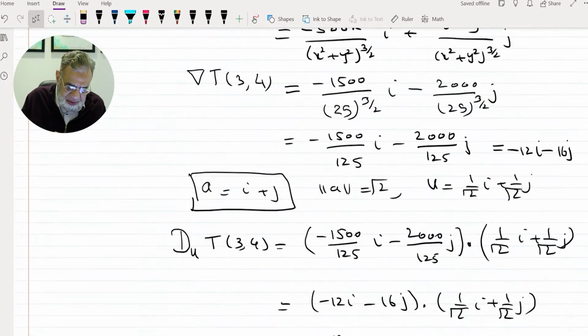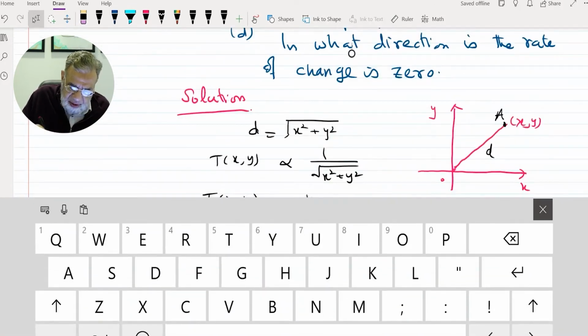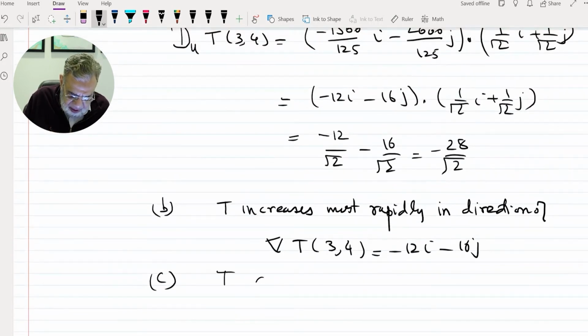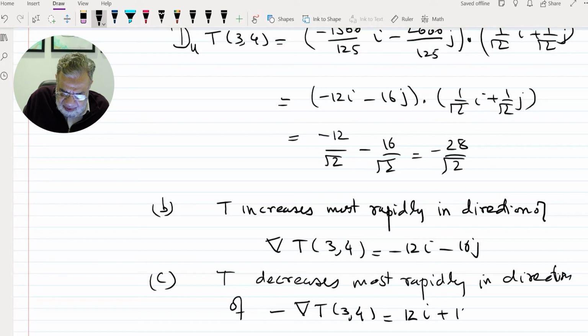Increasing most rapidly is the plus sign, and T decreases most rapidly in the direction of minus the gradient of T at (3, 4), as we mentioned before. We multiply by minus, and the direction is 12i plus 16j. So that's my part C.